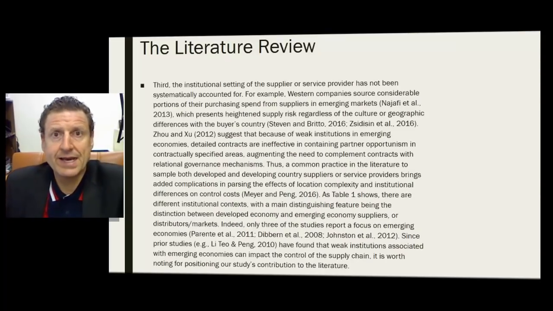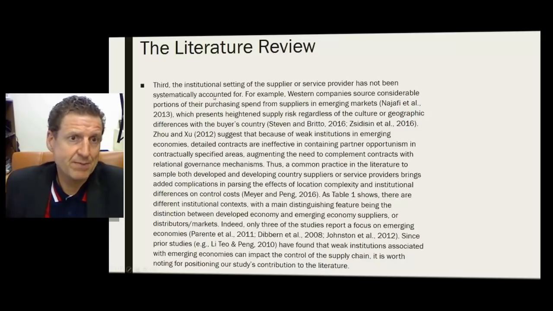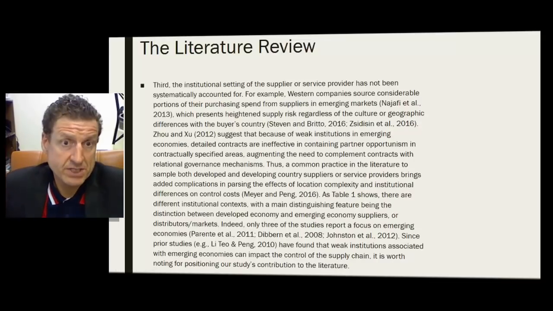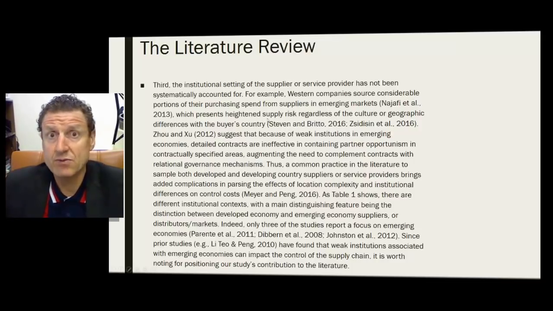So let's have a look. That's what we're saying here. The institutional setting of the supplier or service provider has not been systematically accounted for. For example, Western companies source considerable portions of their purchasing spend from suppliers in emerging markets, which presents a heightened supply risk regardless of culture or geographical distances with the buyer's country.